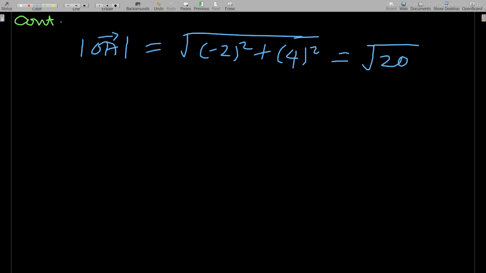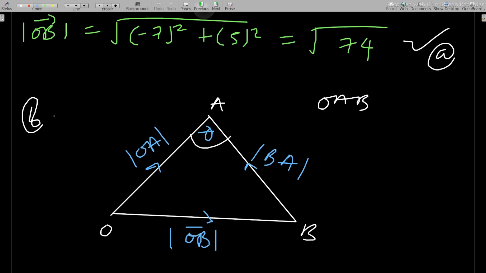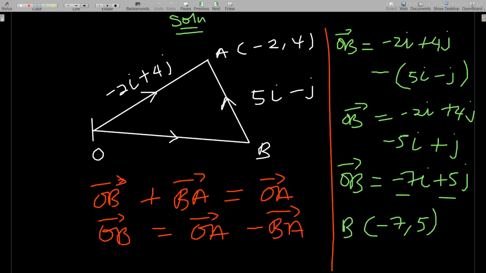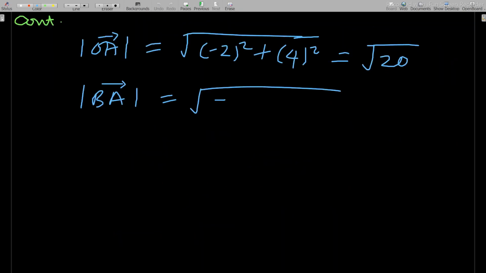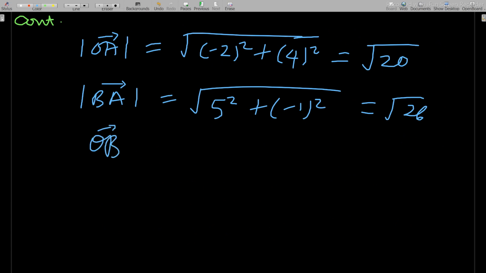And my BA, I know my BA rather. So my BA will actually be equal to 5I minus J. So I have 5 squared plus negative 1 squared, and this is the square root of 26. And I know OB already. For OB, we've calculated the distance, and that was the square root of 74.